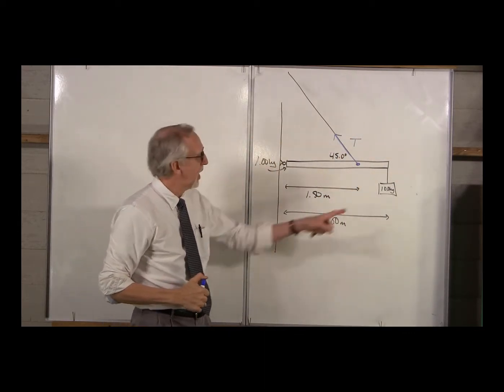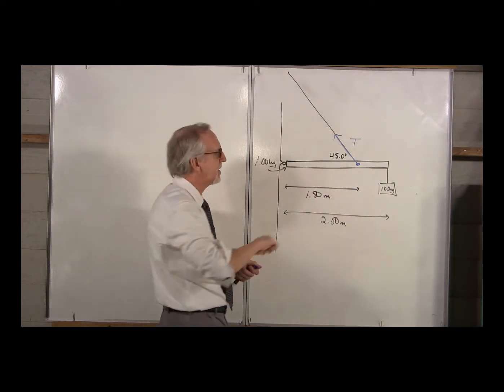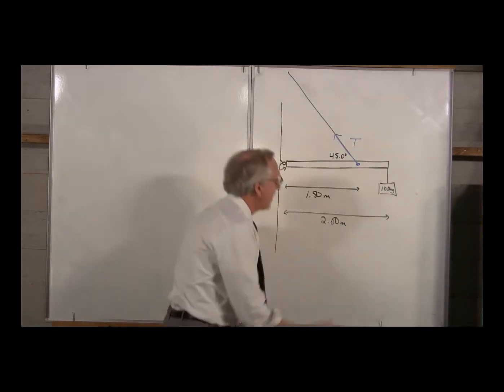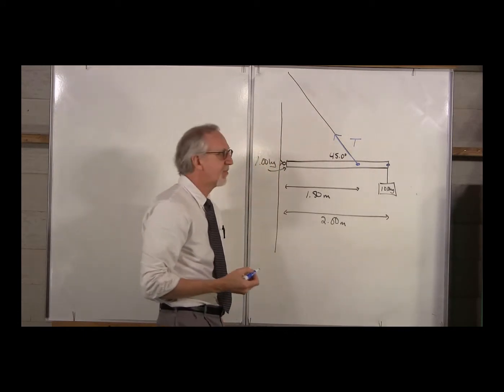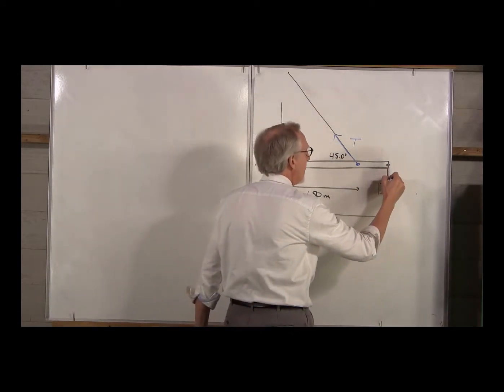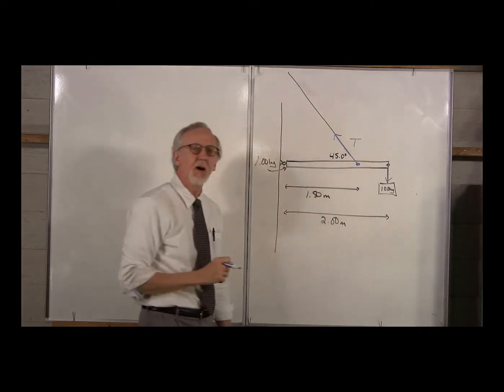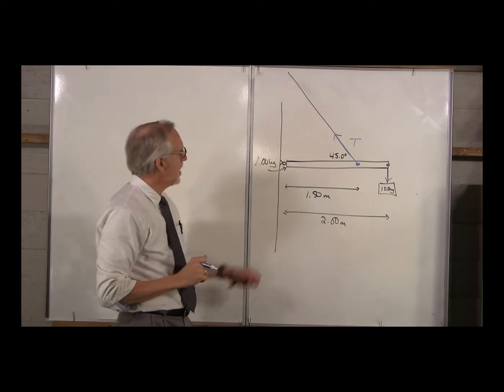What else? Well, there's the sign hanging on the pole. Where does that force act? It acts over here at the end of the pole. And in what direction is that force? It is downward that way. The sign is pulling down on the pole.